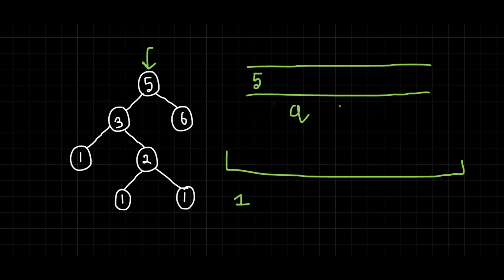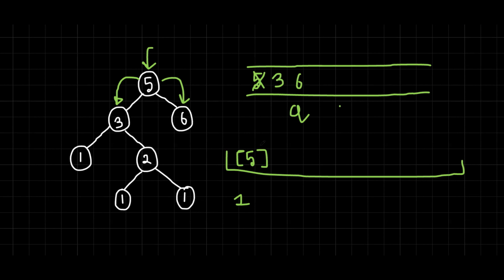So here we have to insert the value 5 into a vector and remove 5 from the queue. But after removing, we have to check whether 5 has left and right children. Yes, 5 has a left child with the value 3, and a right child with the value 6.